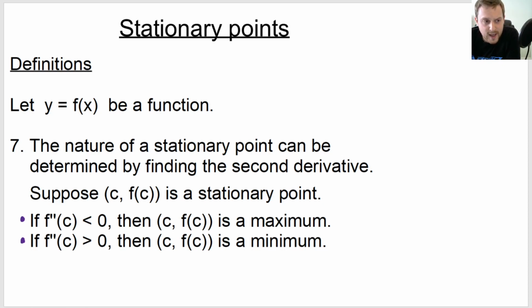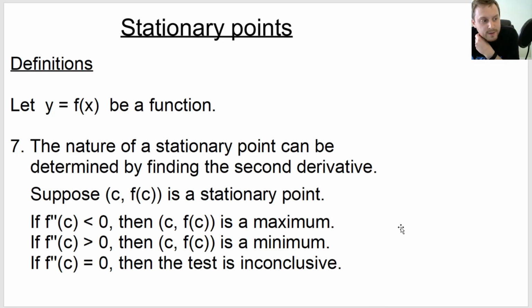And since it fits here into one neat package, it's worth including. So if you do this test and you actually get 0, so not negative, because if it was negative, it would be a maximum, and not positive, because if it was positive, it would be a minimum.